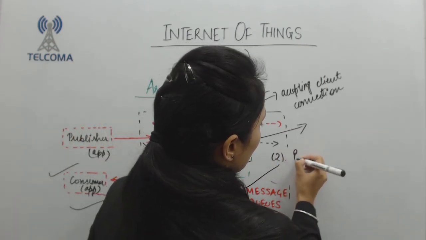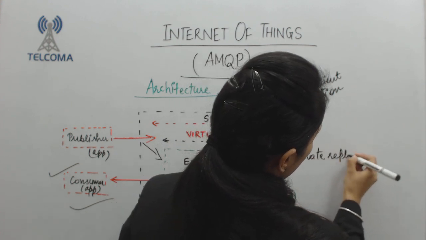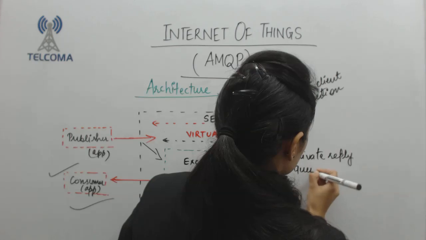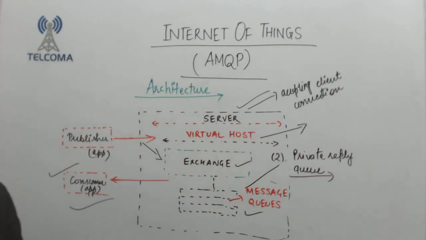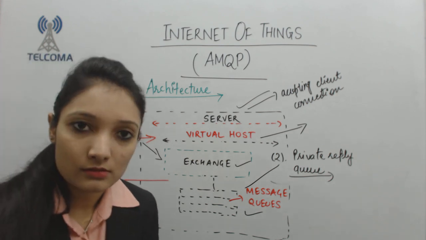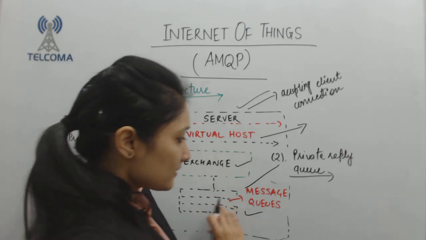Second is your private reply queue. Now, this private reply queue basically holds the messages, which is the basic functionality of your message queue. It will be holding the messages here.